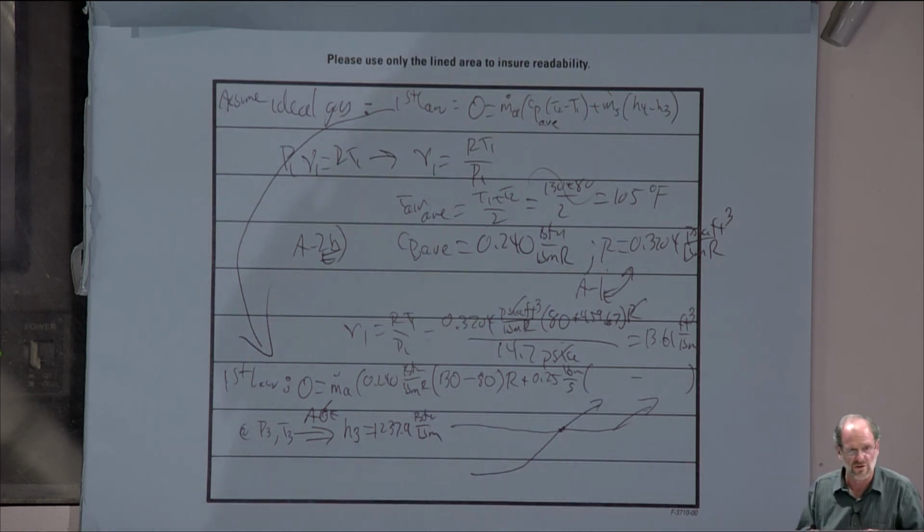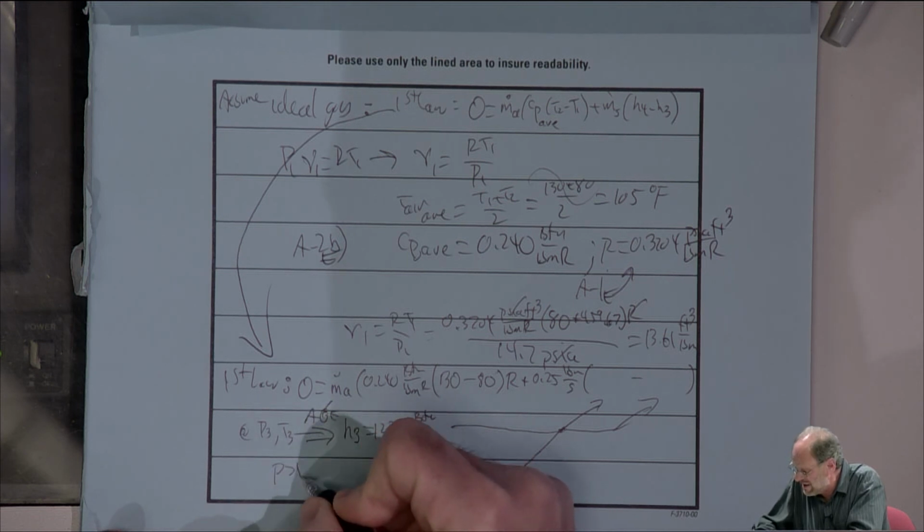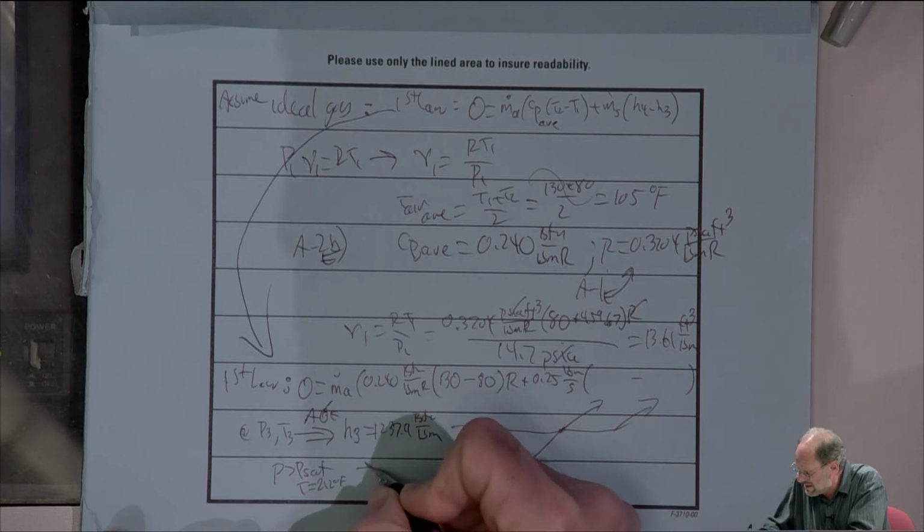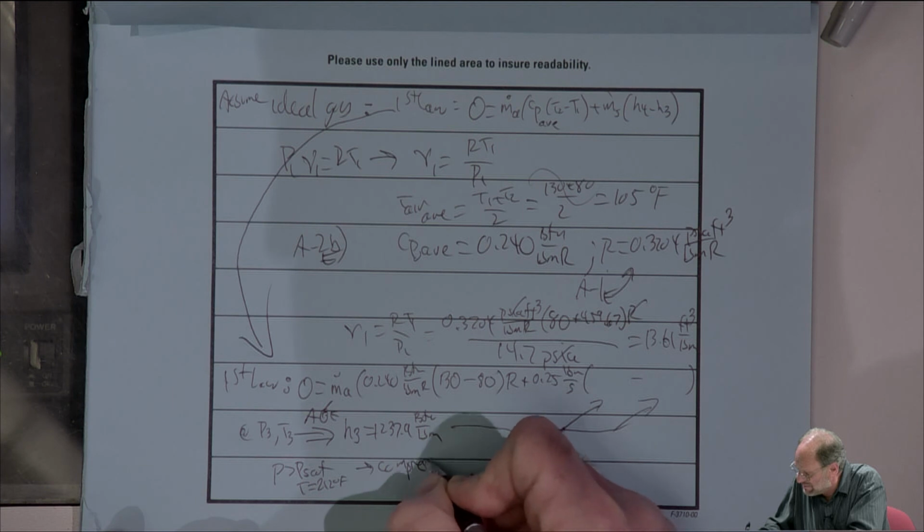The given temperature is 212 degrees Fahrenheit, and we know that that's the boiling point of water at standard atmospheric pressure of 14.7 psi. Without even looking at the tables, I know that my given pressure of 25 is greater than 14.7 psi, that is the saturation pressure at 212 degrees Fahrenheit, so it has to be a compressed liquid. So since P is greater than Psat at the temperature of 212 degrees Fahrenheit, it's compressed liquid.